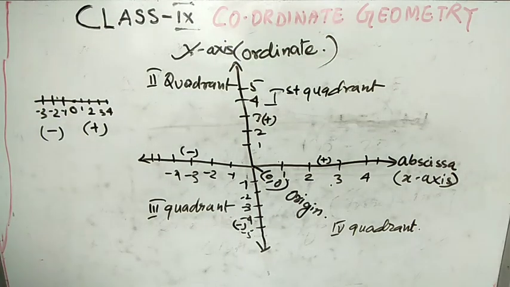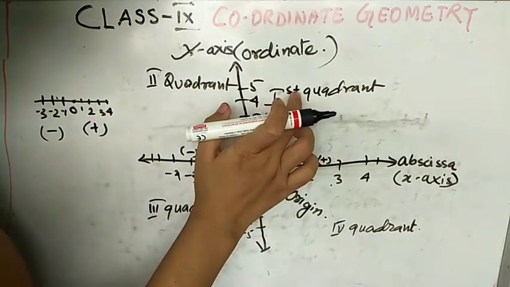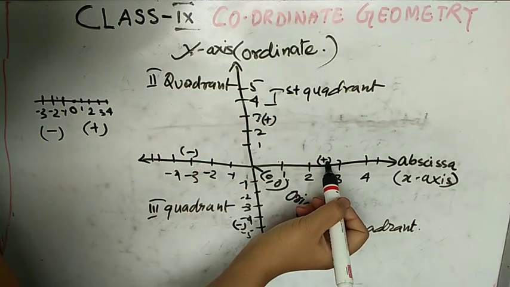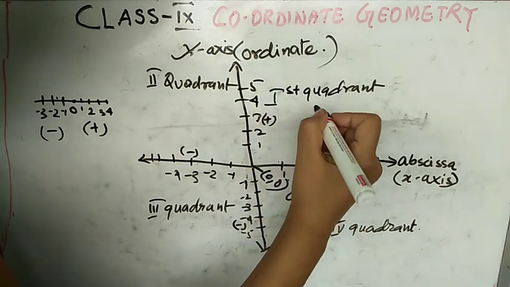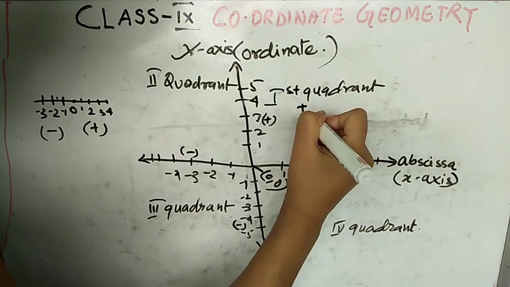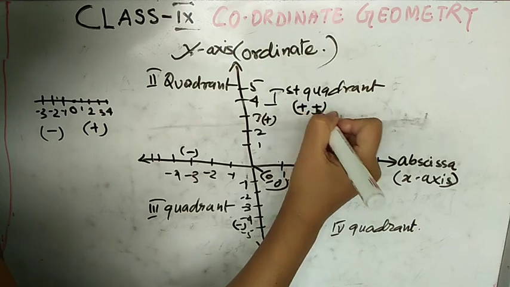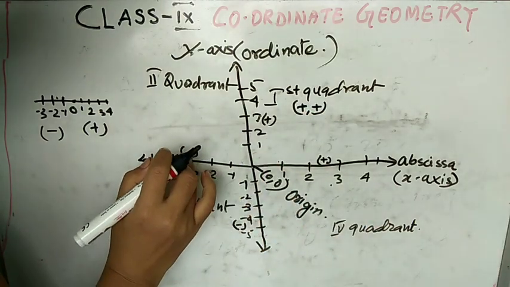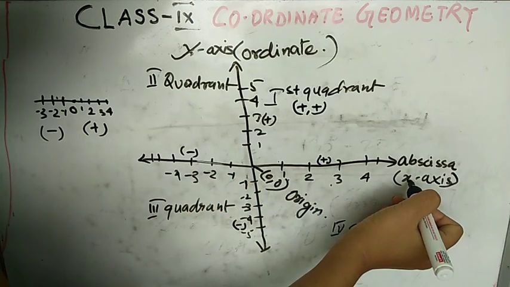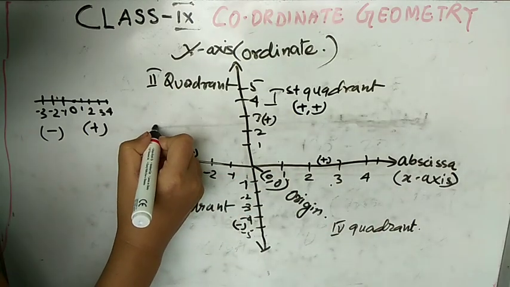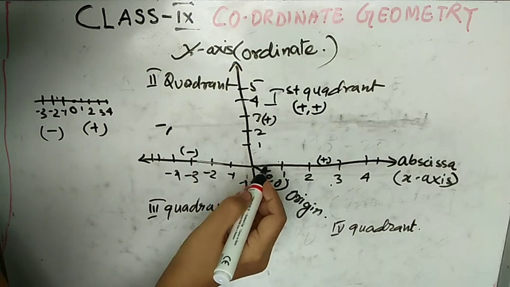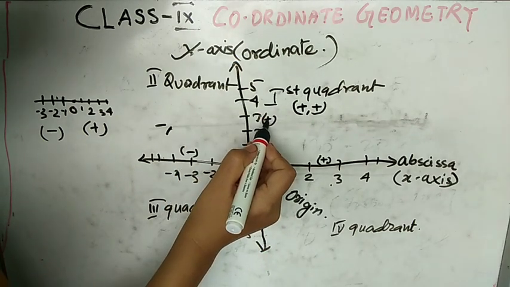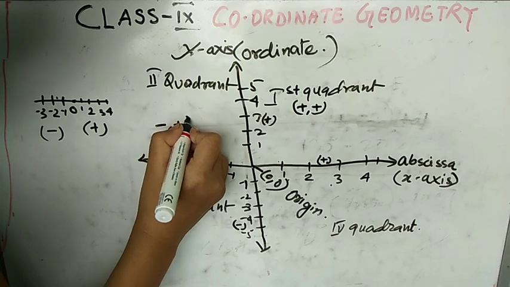Now in the first quadrant, since the x-axis represents positive numbers and the y-axis represents positive numbers as well, therefore the first quadrant will represent the positive, positive coordinates. Now in the second quadrant, the x-axis is negative, therefore the x coordinate is negative, and the y-axis is positive, therefore the y coordinates will be positive.